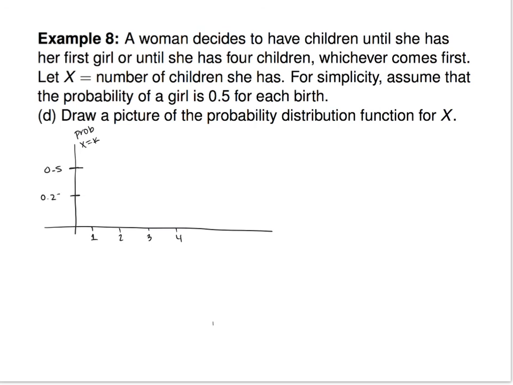Half of that is 0.25, and then half of those halves is, well, the lower half is 0.125. So the chances of 1 girl were 0.5. Two children happen probability 0.25. 3 children happen probability 0.125. And 4 children had the same probability as 3. So there's our picture. And on this axis, capital X is equal to the number of children.